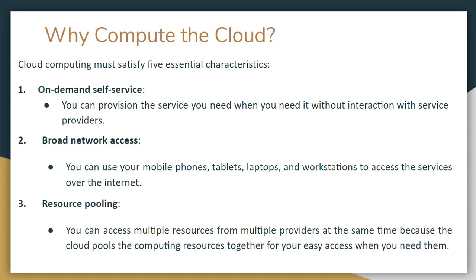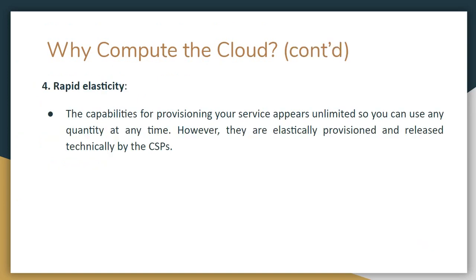By resource pooling, it means that you can access multiple resources from multiple providers at the same time, because the cloud pools the computing resources together for your easy access when you need them. So you get to have access to a collection of these services that are scattered all over the places, because the cloud pulls them together and they appear as if they are just right there on your device.